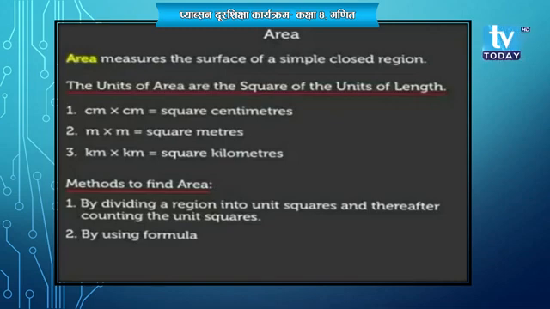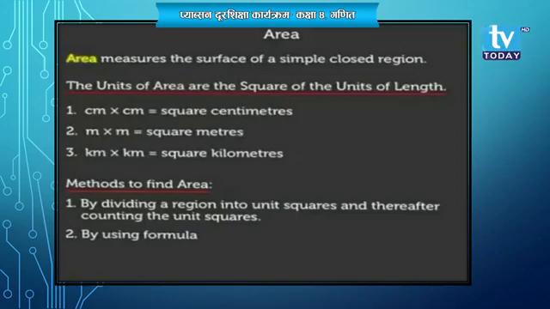Just like that, meter into meter, m into m equals square meter, and kilometer times kilometer is square kilometer. The numbers should be multiplied and the unit should be in the form of a square.